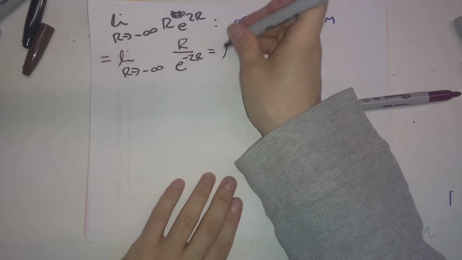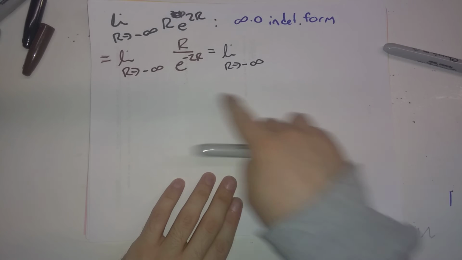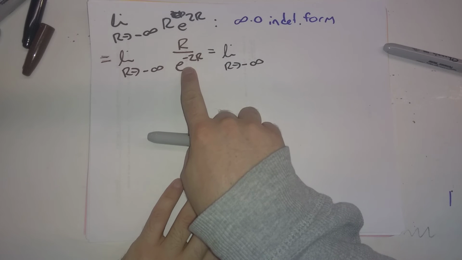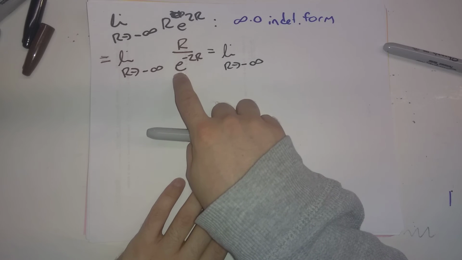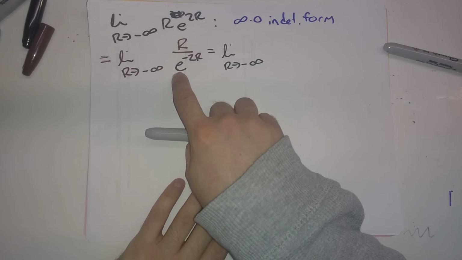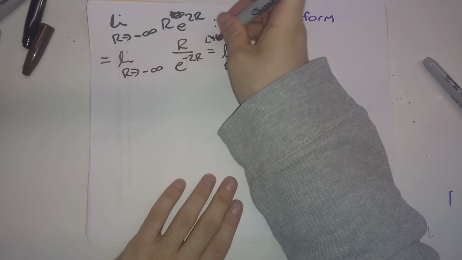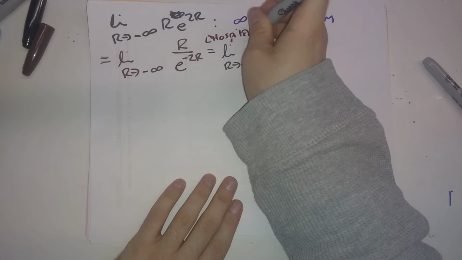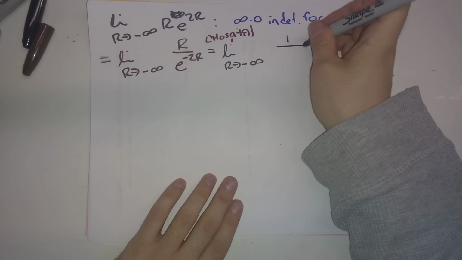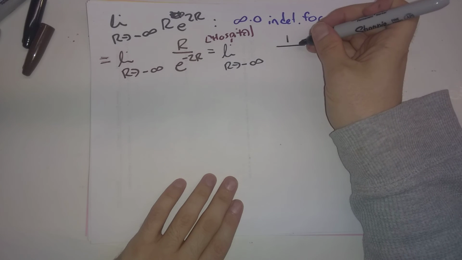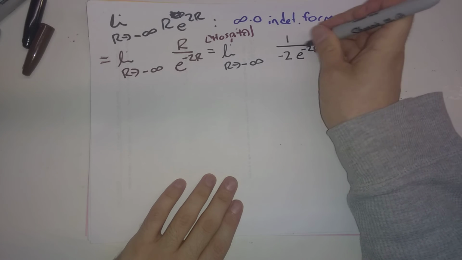And so, what do we end up with? Now we have an infinity over infinity indeterminate form. As r goes to minus infinity, e to the minus 2r, that goes to infinity. So L'Hopital's rule, I guess I can put the standard L'Hopital comment there. So derivative of r with respect to r is 1. Derivative of e to the minus 2r with respect to r is negative 2 e to the minus 2r.